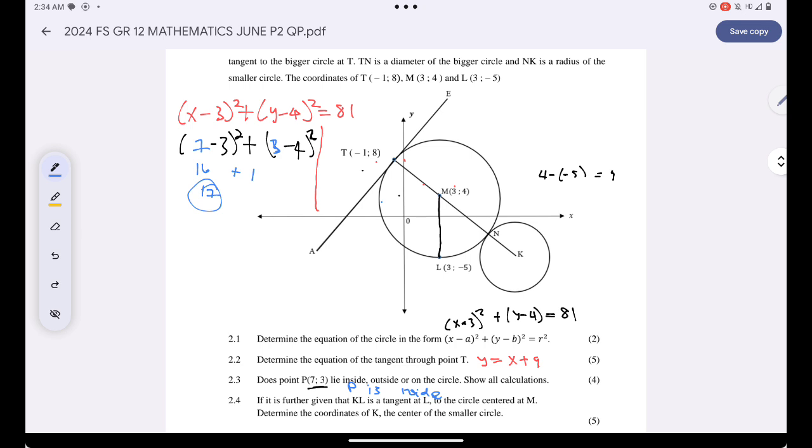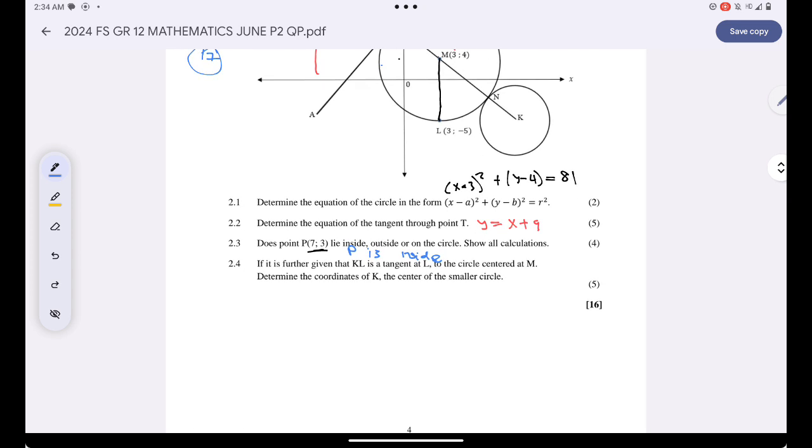Because it's inside the circle because the left hand side is less than the right hand side. On the left hand side we had 17, and the right hand side you have 81. So 17 is less than 81. Therefore, we can conclude that this point is inside the circle.